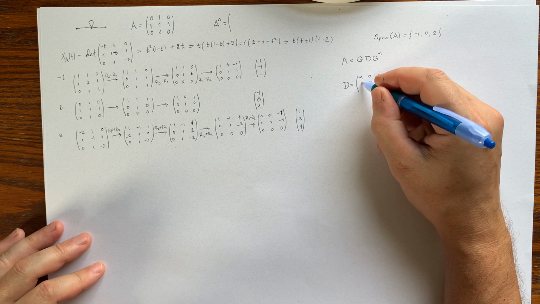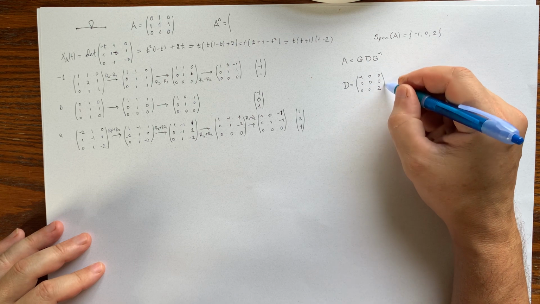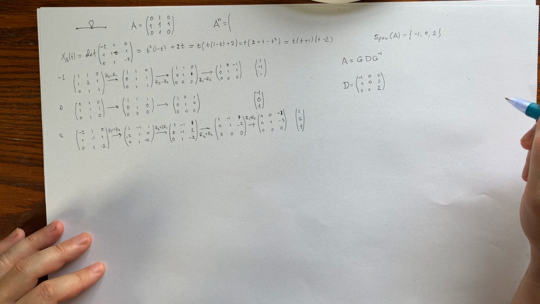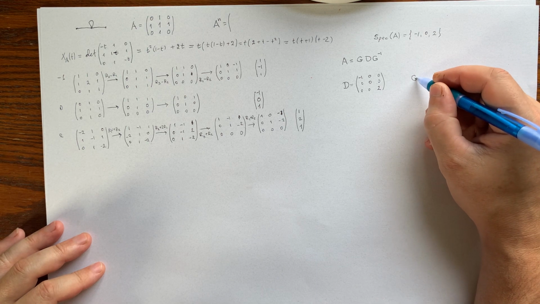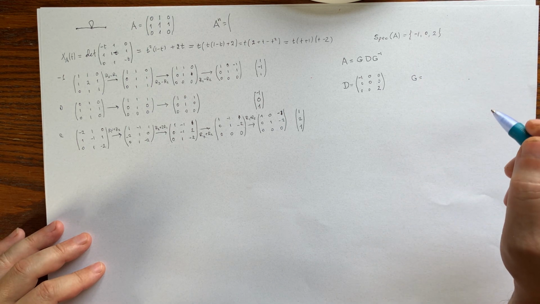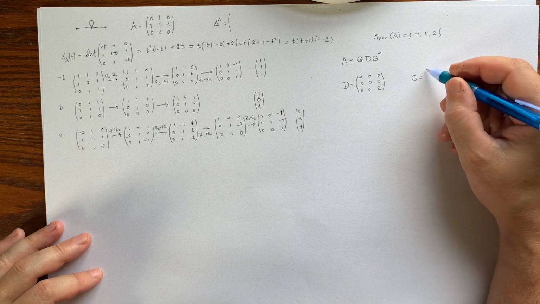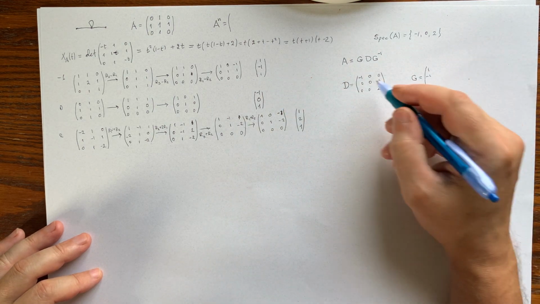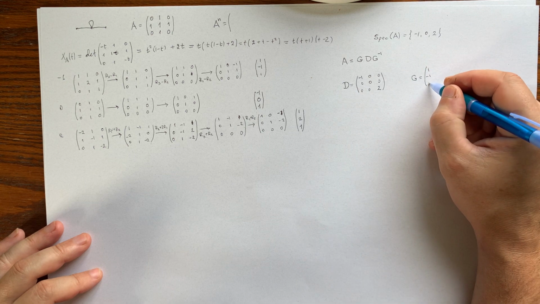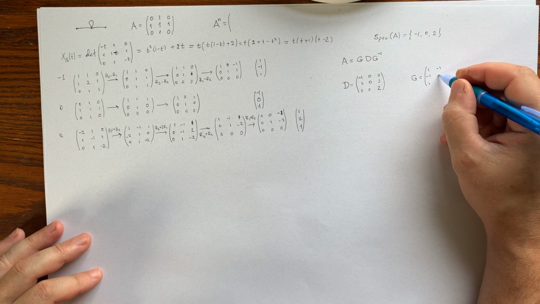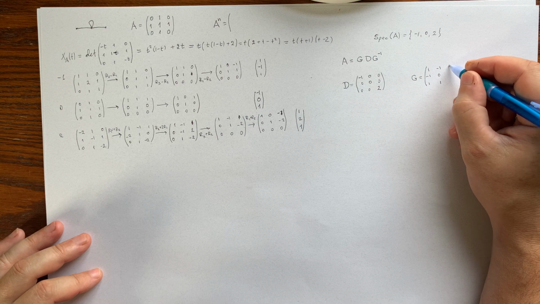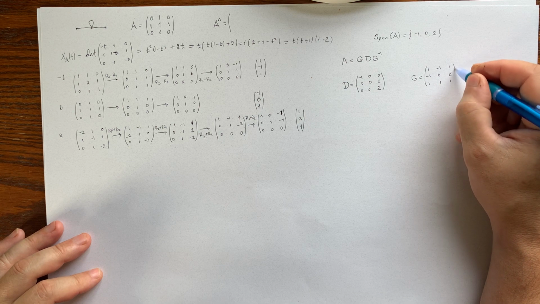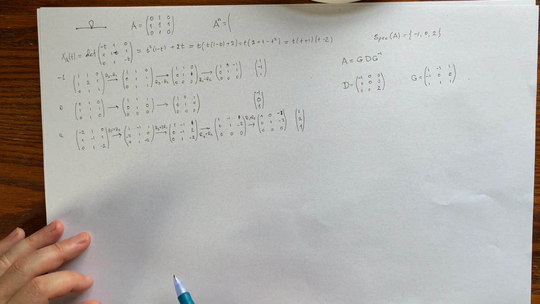So that is the diagonal answer, and the G, the matrix built out of eigenvectors, is already here. It has the first eigenvector for -1, the second for 0, and the last for +2. All we need to do now is to find G inverse.